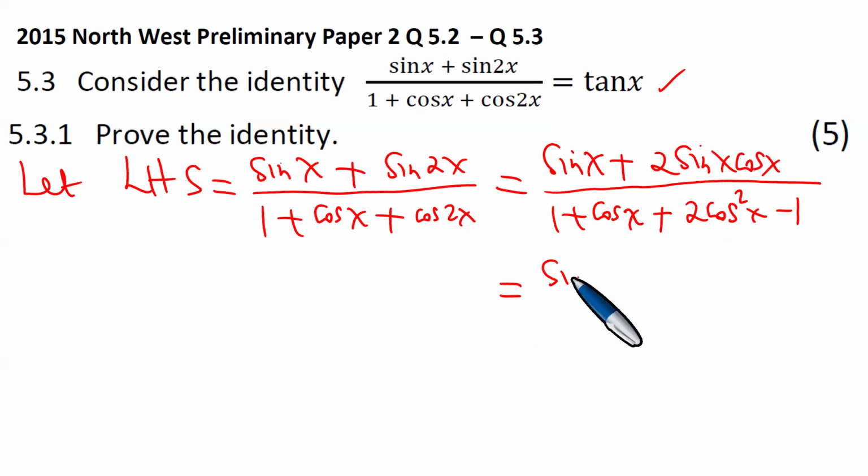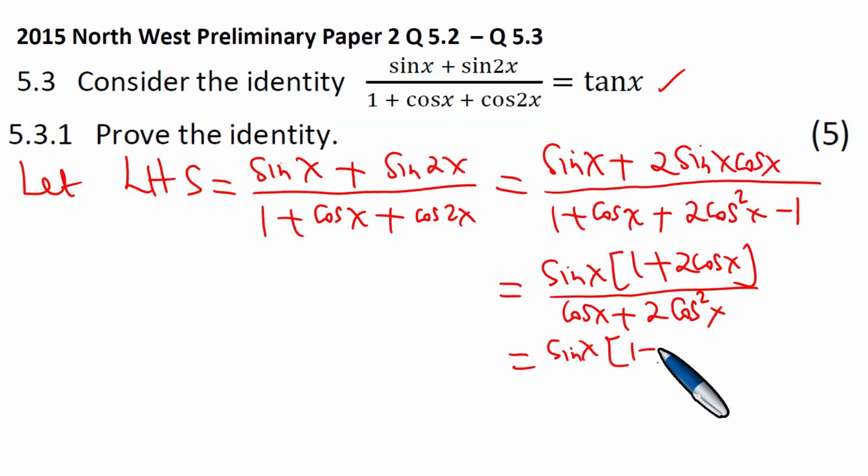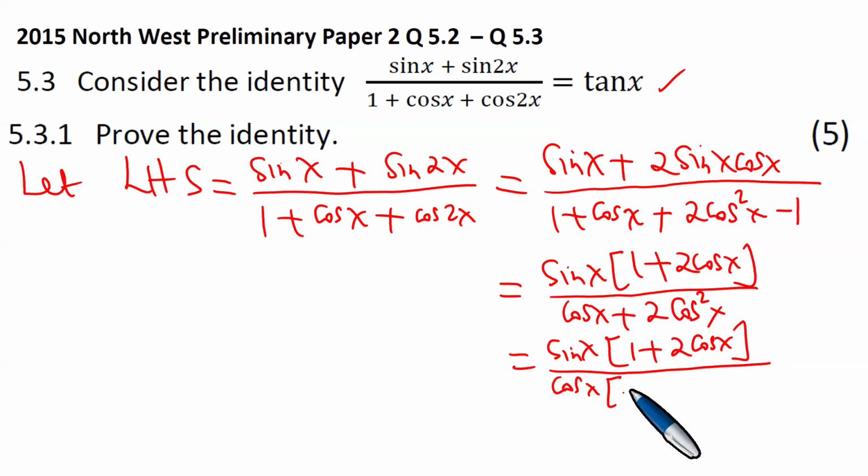So we factor out sine x from the numerator and we obtain 1 plus 2 cosine x. Then you cancel out: 2 cosine squared x, 1 plus 2 cosine x. You divide everything by cosine x, which is 1 plus 2 cosine x.